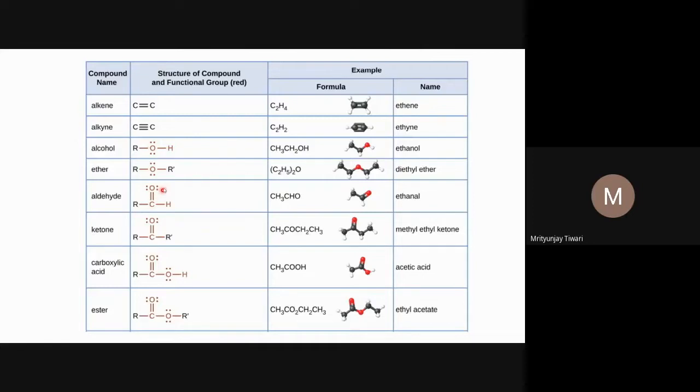So if this carbonyl group is attached to one hydrogen and one carbon atom in a given organic compound, the functional group is aldehyde. But if this carbonyl group is connected to two different carbon atoms, then the functional group is ketone.